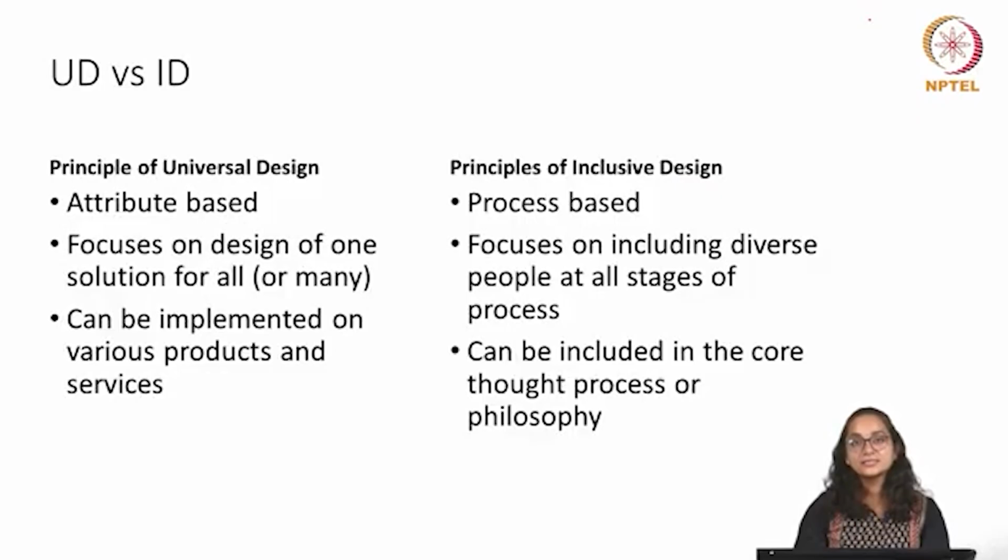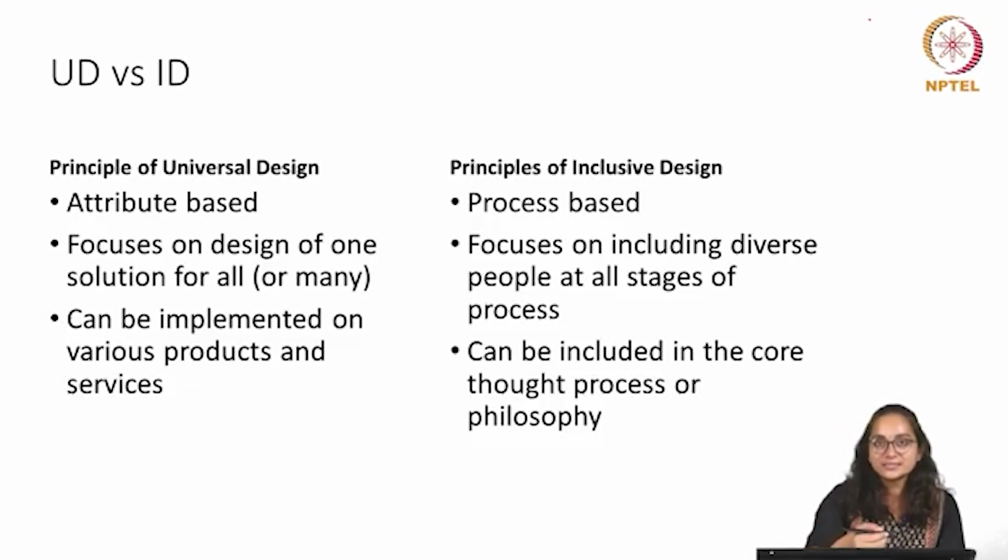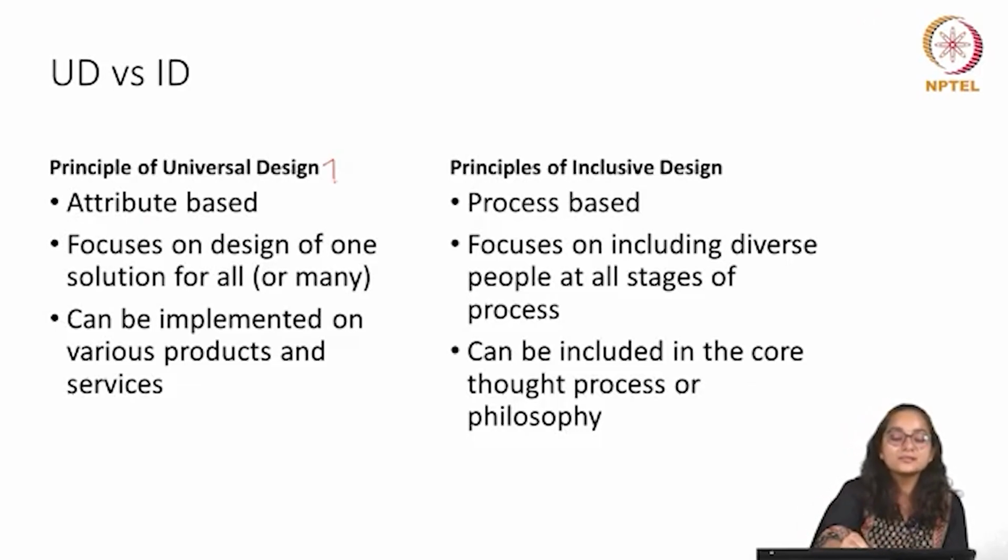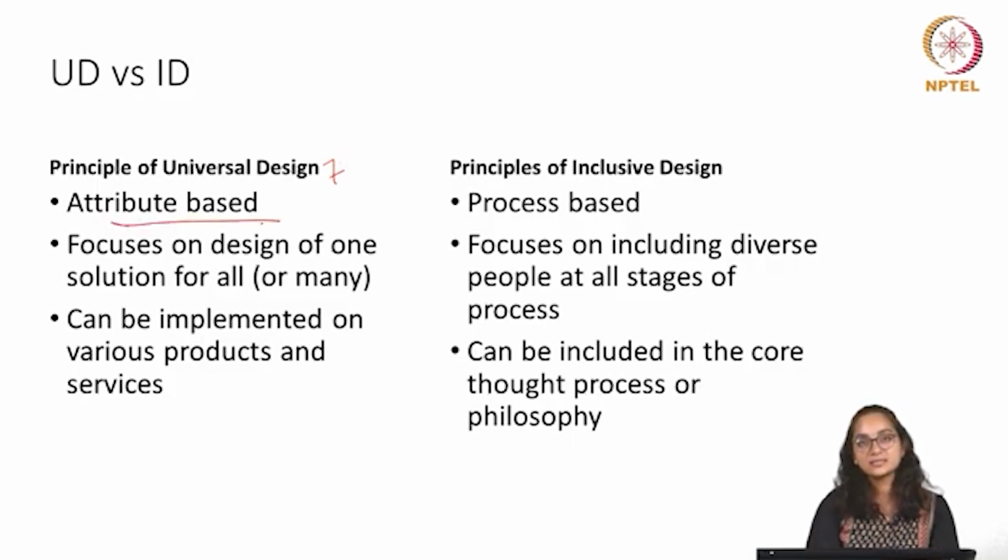So let us now try to understand the difference between universal design and inclusive design. The principles of universal design are, as we discussed, all of these 7 principles are more attribute based. They are all adjectives. It's more of a checklist, right? Principles of inclusive design are actually process based. We will discuss the principles of inclusive design in the next session, and meanwhile we will again discuss these differences at the end of the session.